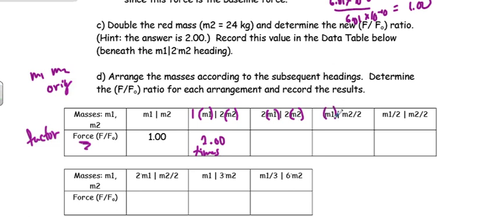Over here, we're multiplying by 1. Here, we're dividing by 2, or of course that is the same thing as multiply by 1/2.